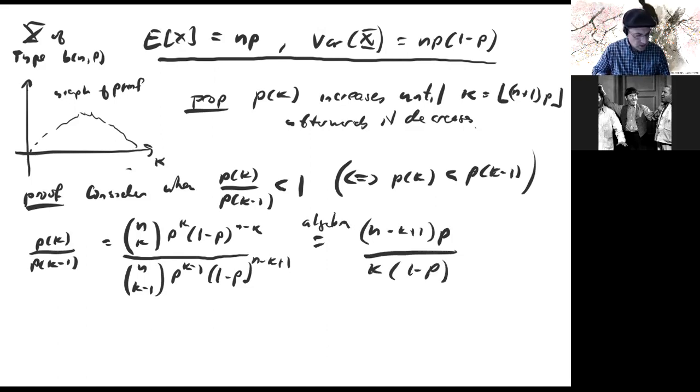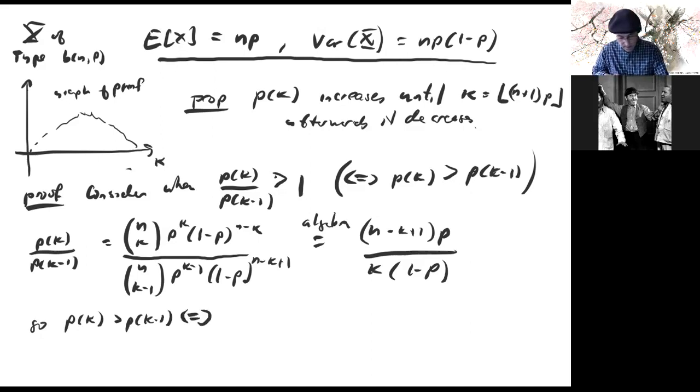So actually, let's not consider that case, let's consider the opposite inequality. Let's consider P of k greater than P of k minus 1. This is where P is going to be an increasing function. So what do we get? P of k is greater than P of k minus 1 if and only if this fraction is bigger than 1.